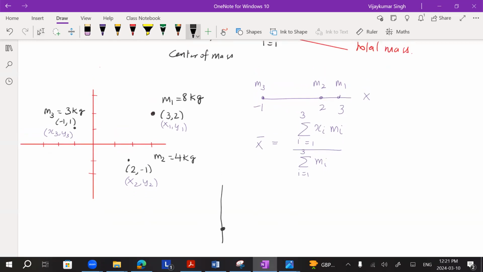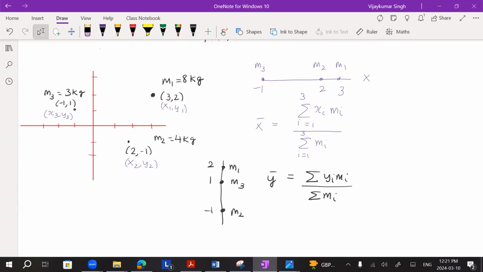Here we have M2 at minus 1, M1 at 2, and M3 at 1. I'm just writing the y coordinates of each of those points. In that case, I'll get my y bar is the summation of yi mi over the summation of mi.